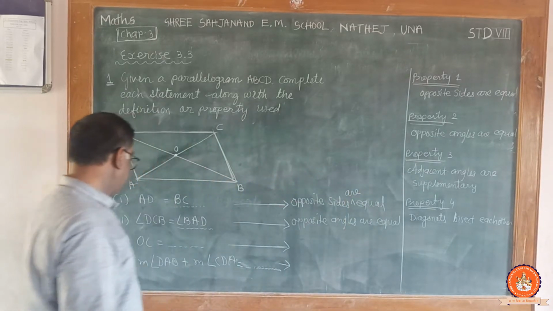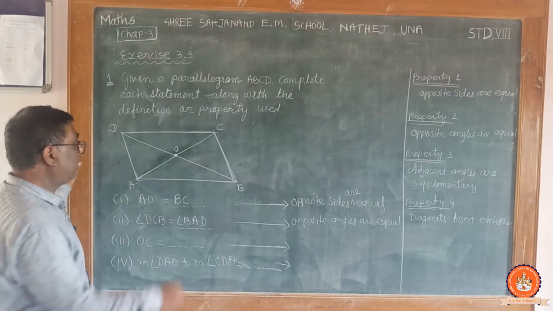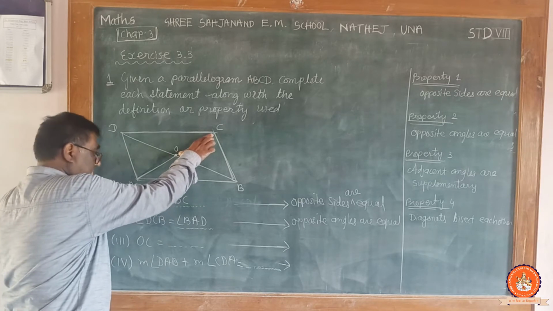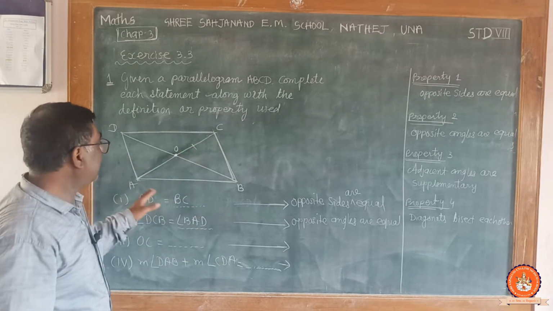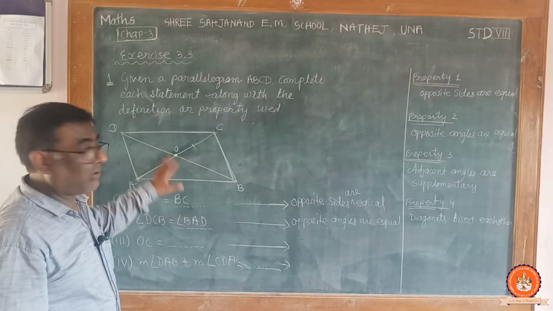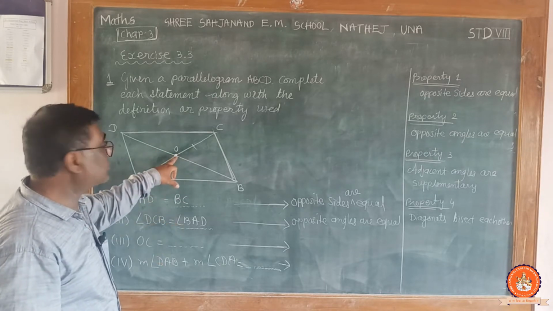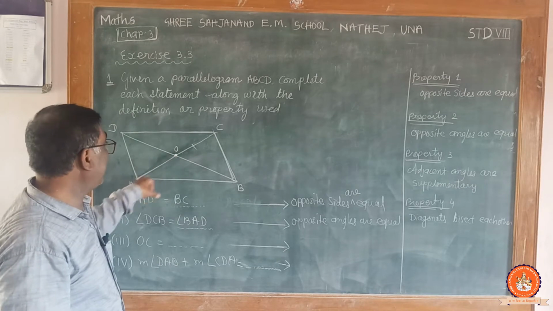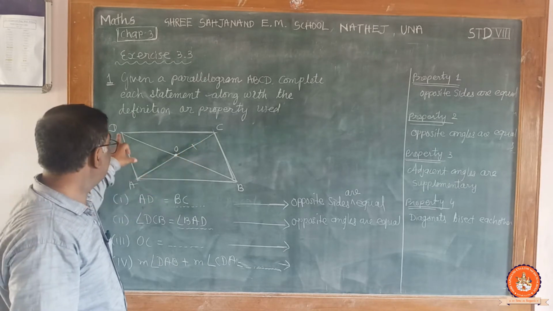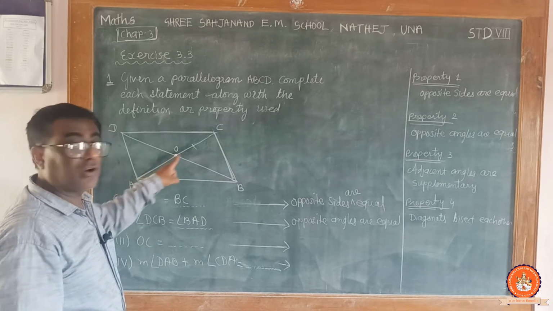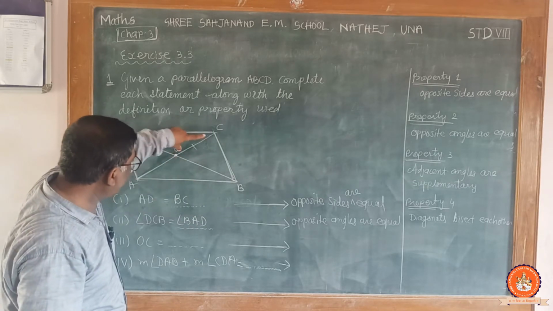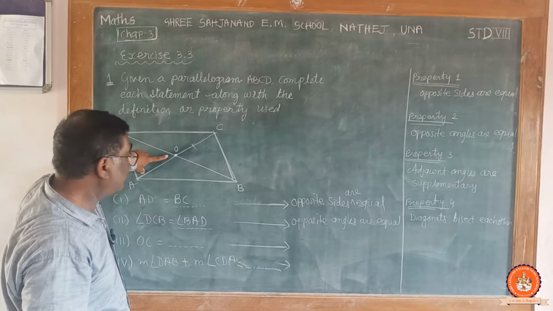Okay. Then OC, look at it. OC is equal to what? We know that the diagonals of a parallelogram bisect each other, meaning O is the midpoint of AC as well as of BD. So if O is the midpoint of AC, then OA will be equal to OC.